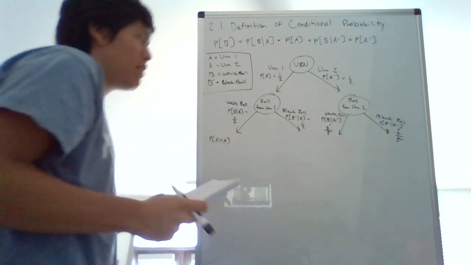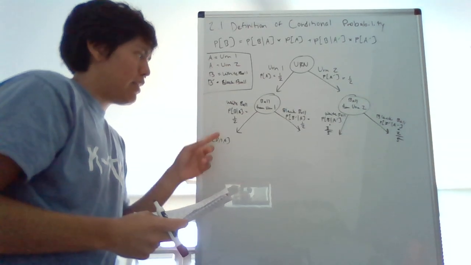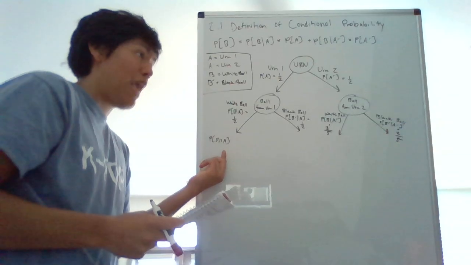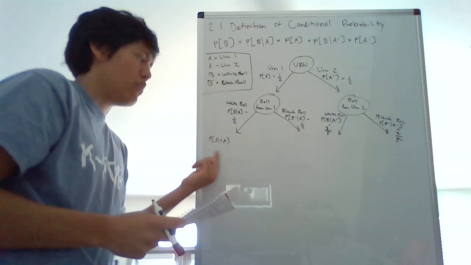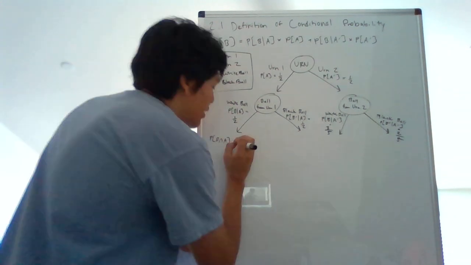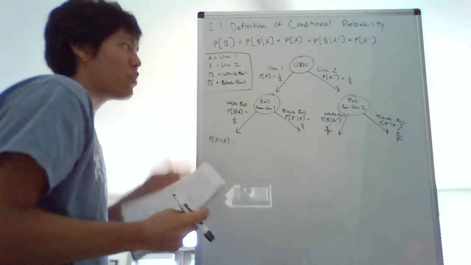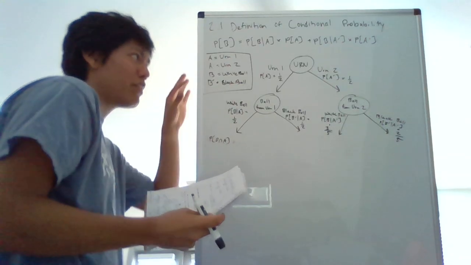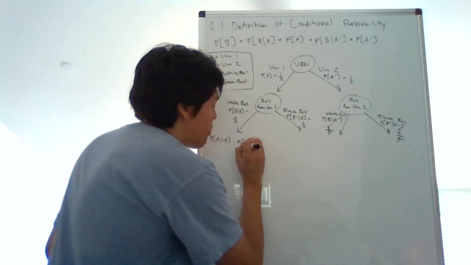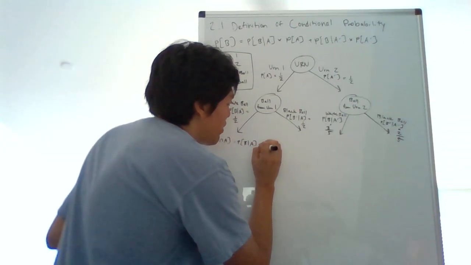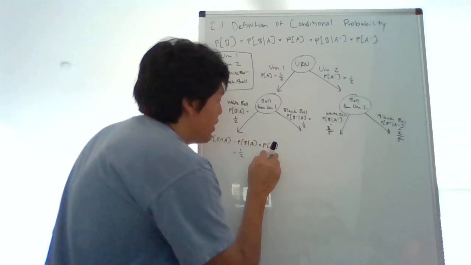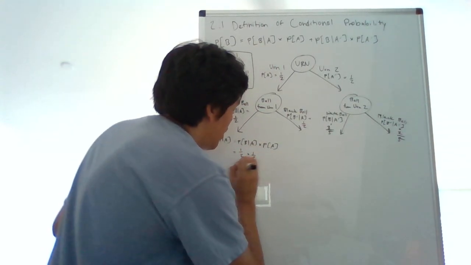Right? Because this is us saying, what is the probability that we chose urn 1 and we picked up a white ball? Or we picked up a white ball and we chose urn 1. And remember, from rewriting our first expression that we looked at, this is the probability of B given A times the probability of A. All right, B given A is 1/2 times 1/2, that is 1/4.